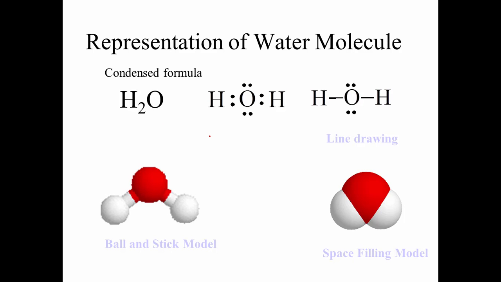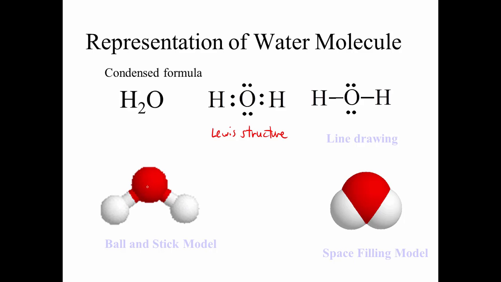We can represent water using the molecular formula, H2O. We can represent it using the Lewis dot structure that we just drew. We can condense the bonding pair as just a line representing that single covalent bond, so that's a line drawing. We could also look at what's happening in 3 dimensions.